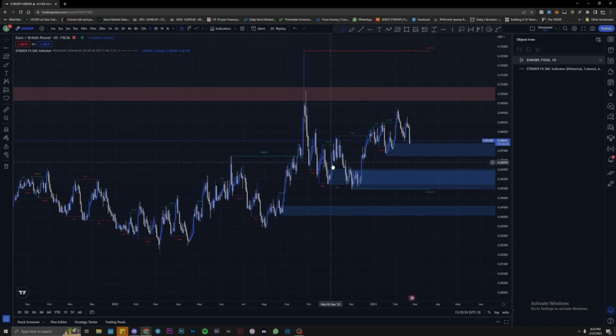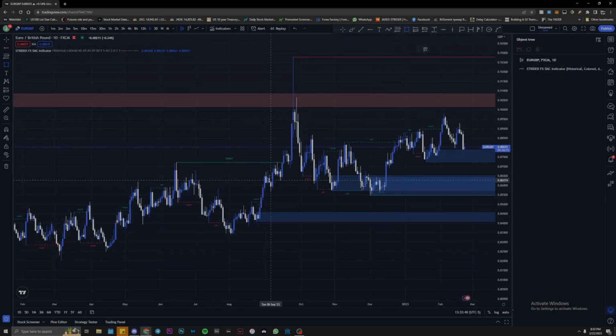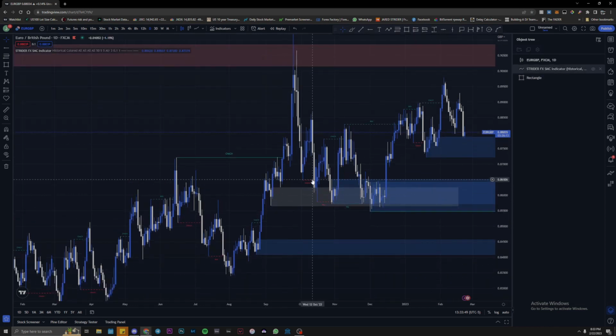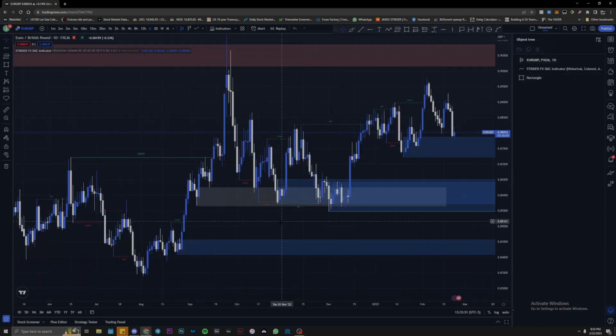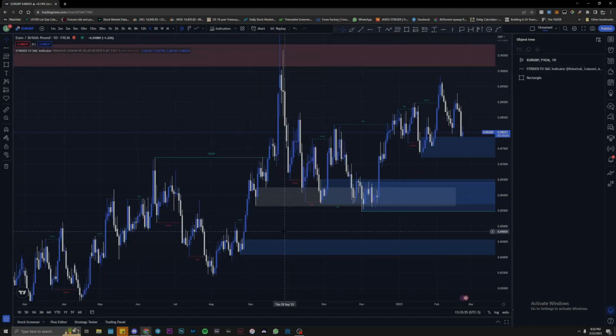So this caused the change of character. You can see here how this order block was your order block for this initial move here, taking out these highs, a fair trade in there.